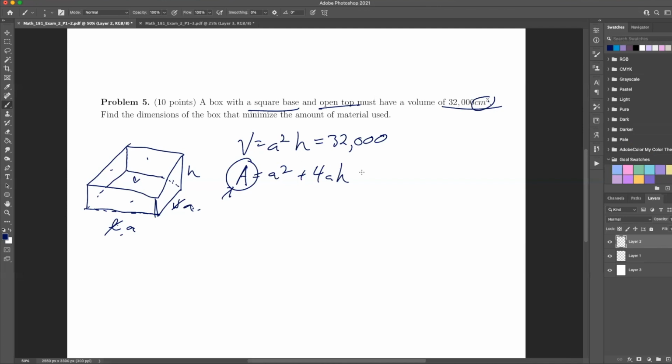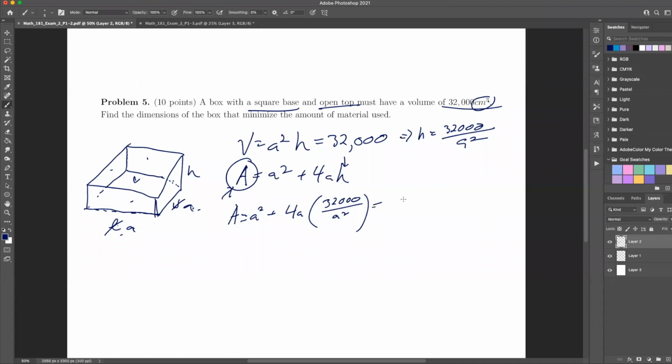Okay, so since we only have one H here, in my mind, it's easier just to solve this for H. So this implies H is equal to 32,000 divided by A squared. Yeah, and so we'll just plug that in. So we have the surface area equals A squared plus 4A times 32,000 over A squared.